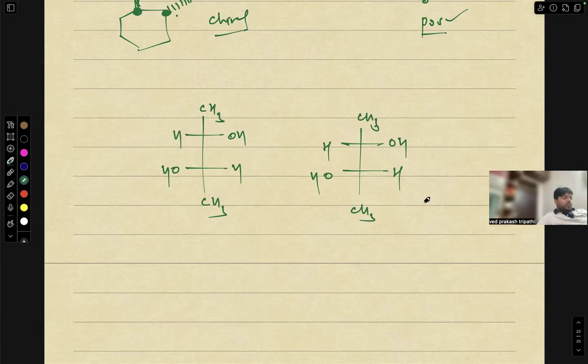What is the relationship between them? So as you can see, we have two chiral centers. If you look at the top one, can you see this? How many exchanges? No exchange. How many exchanges here? No exchange. So this is identical.